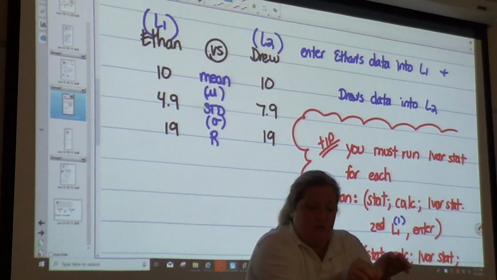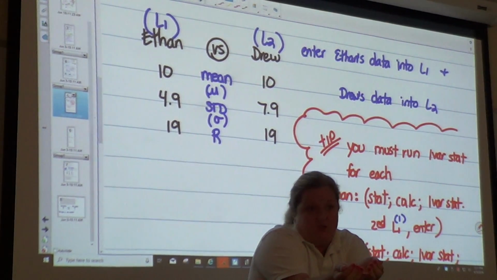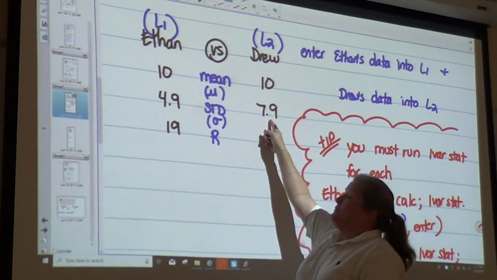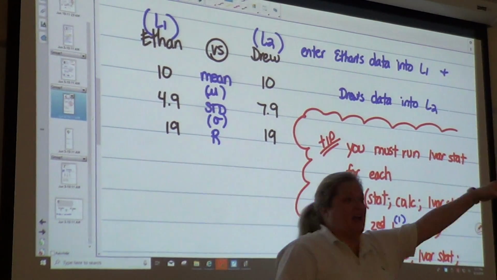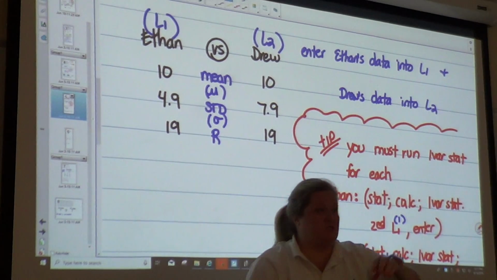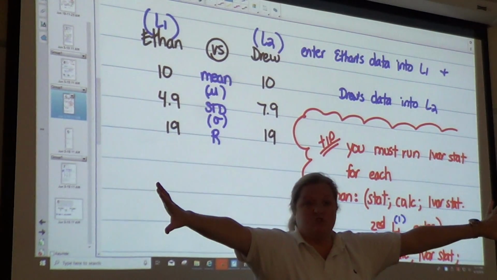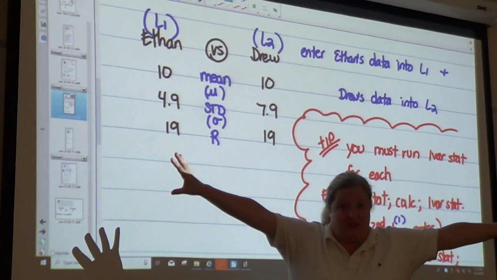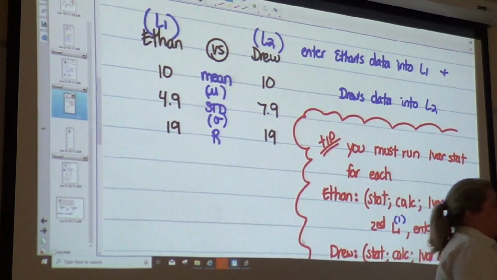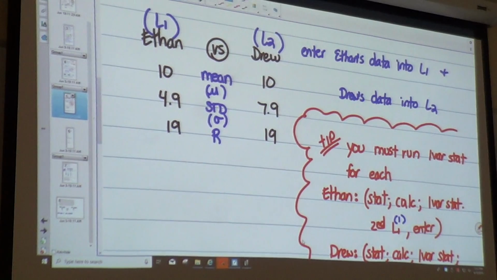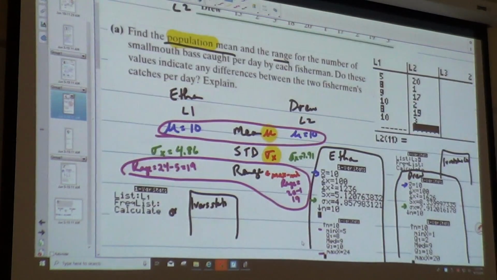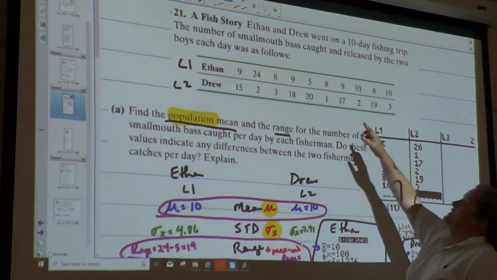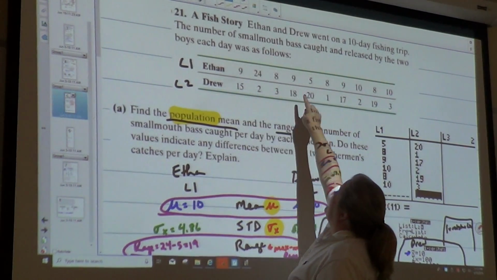This one was more consistent because his weights were closer together: 4, 5, 3, 4, 6. His numbers were close together because his STD was small. These numbers were 4, 19, 2, 16. Their numbers were spread out, so his standard deviation was wide. Even though their range was the same, if I come back up here and look at Ethan's numbers, a lot of his numbers are 8, 9, 5.